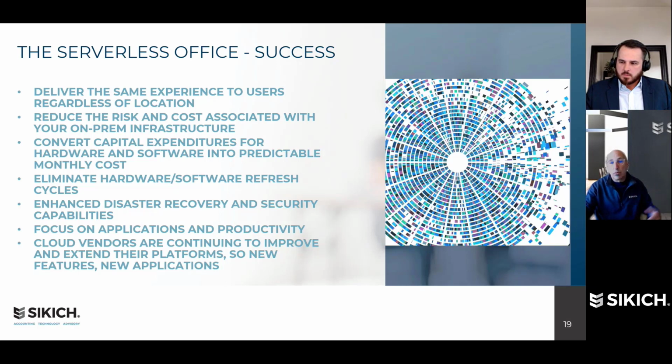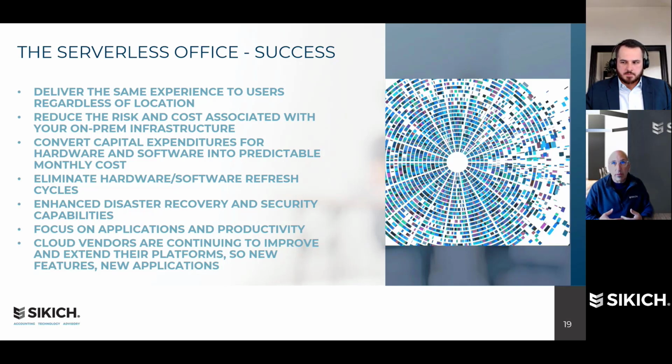Once clients have moved off from their on-prem to cloud platforms, the disaster recovery, business continuity, and security things still need to be addressed, but the capabilities that exist within the new cloud platforms are enhanced. And I think one of the most important things is that the technology discussion that we start to have with clients once they've done this moves away from hardware and software and moves to things like applications and productivity.